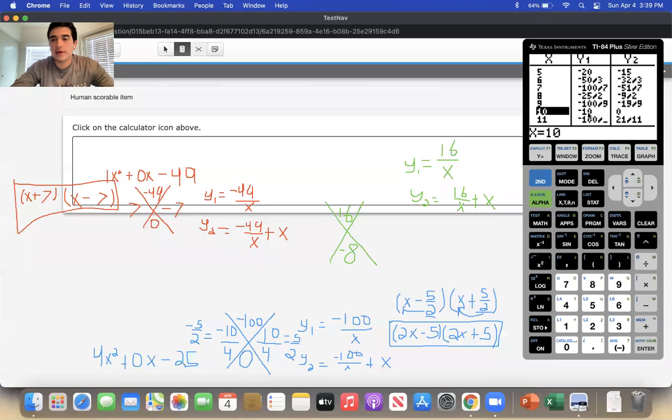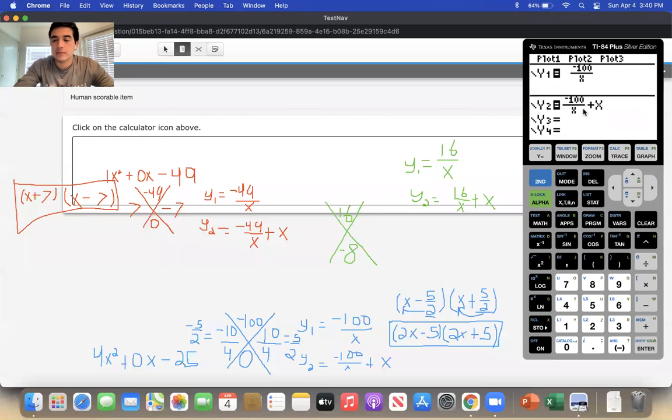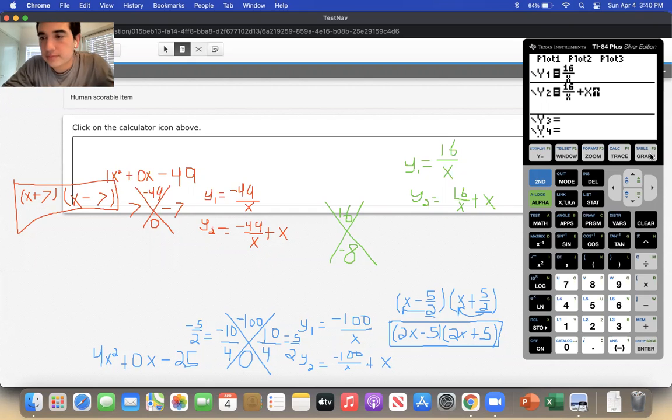So I go back to my calculator, right? Delete that, delete that. I go up, alpha y equals, get my fraction. I want 16 over x. Go to my second one, alpha y equals, get my fraction, 16 over x. And then this time slide over, plus x, okay? And I go to my table.